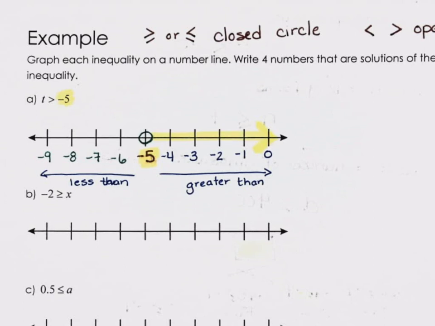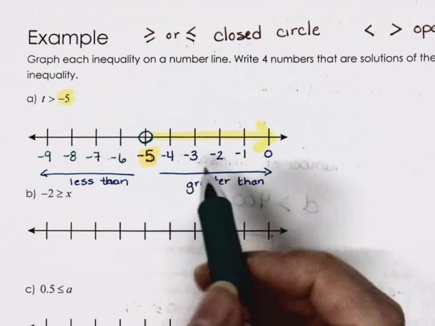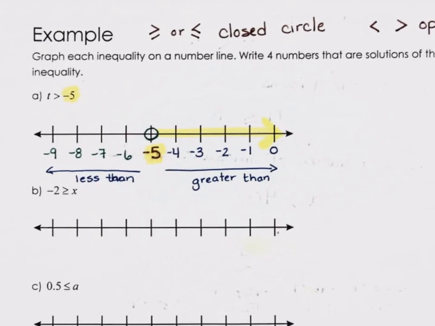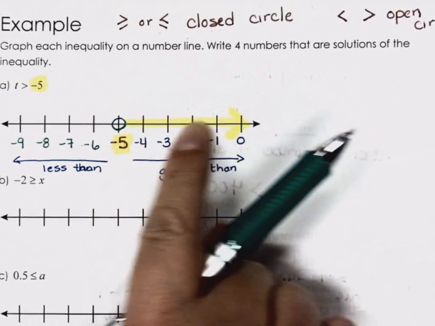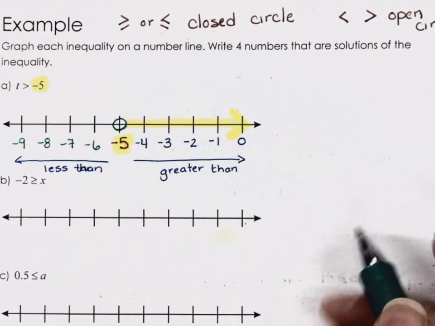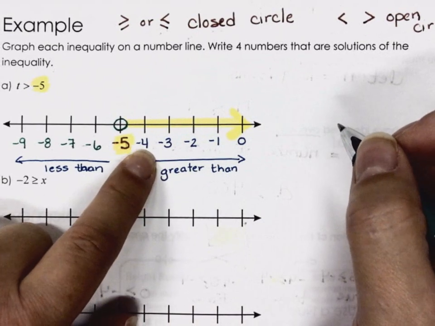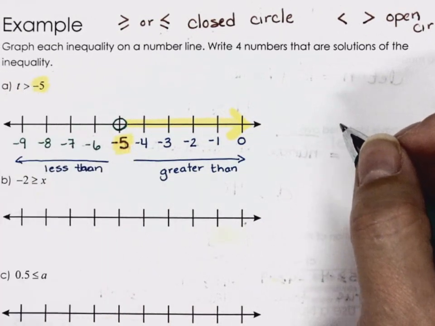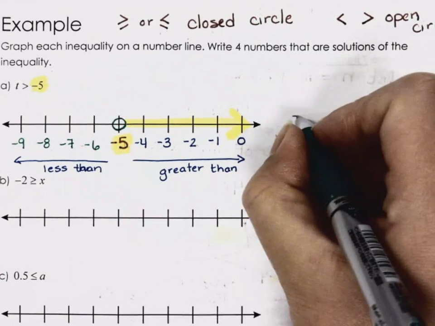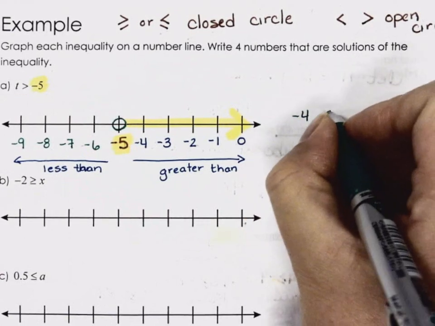So we're going to write down 4 solutions. What could t be? It doesn't have to be numbers on this number line, but there are 4 here. What are some solutions in this arrow here? What's a solution? -4. -4 is greater than -5. So I could write that. I could write 0.